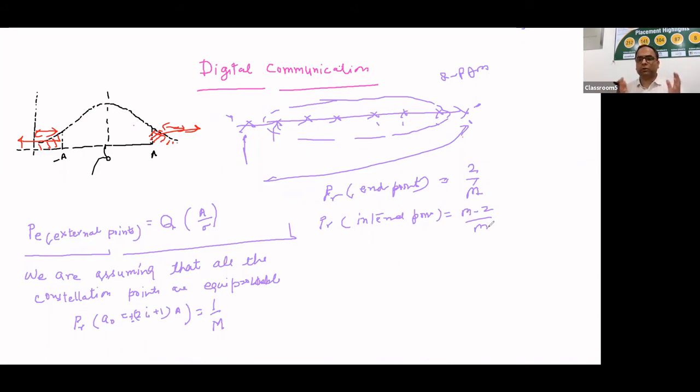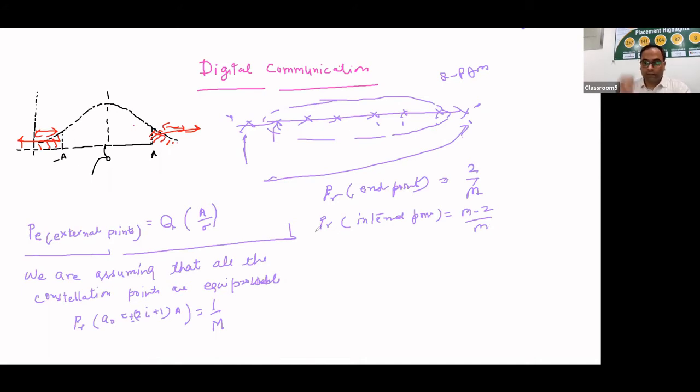We have to calculate all the possible probabilities: the probability that the amplitude of the pulse is at an end point, and the probability that it is an internal point. If all symbols have equal probability, any amplitude can be the amplitude of the pulse. So we calculate all those probabilities, and then we can find the total probability of error.